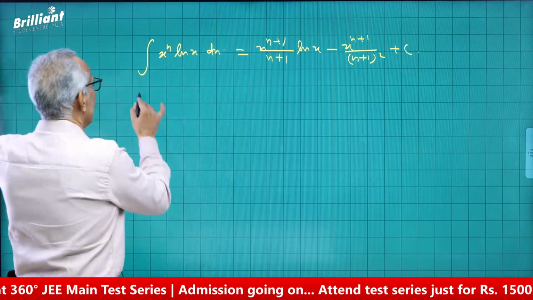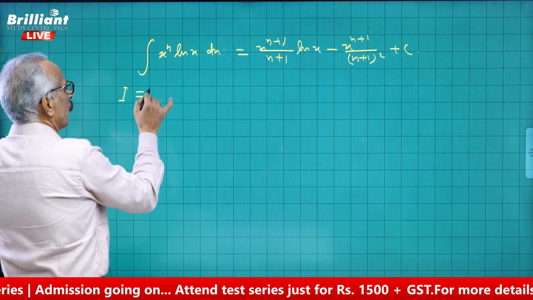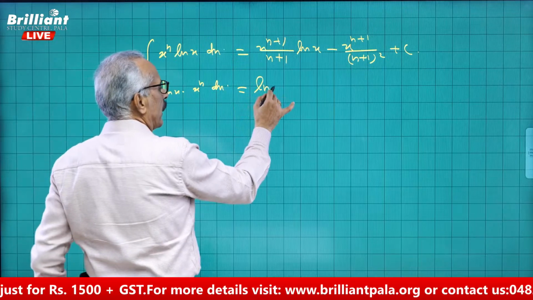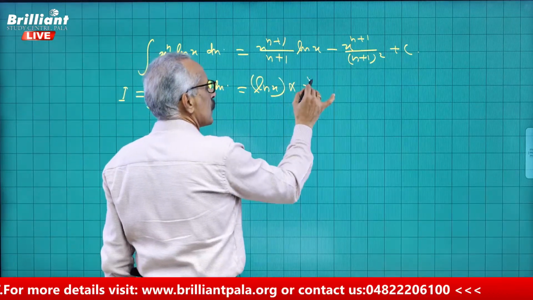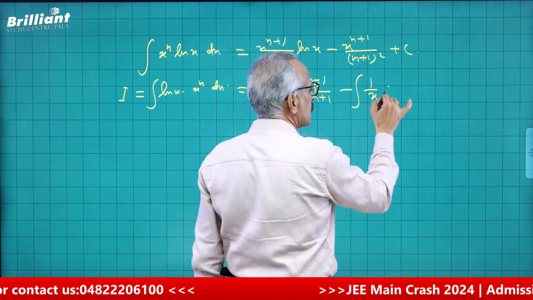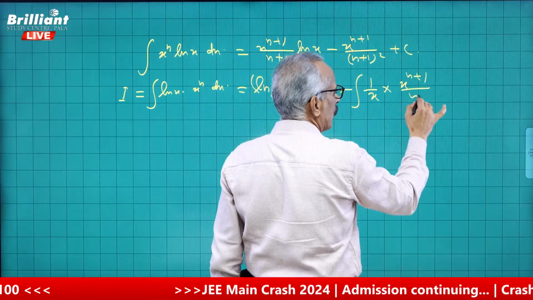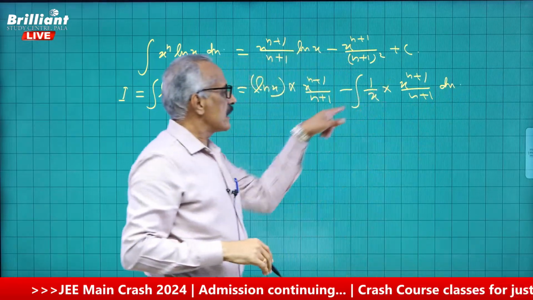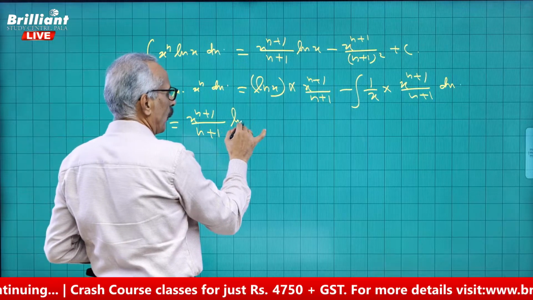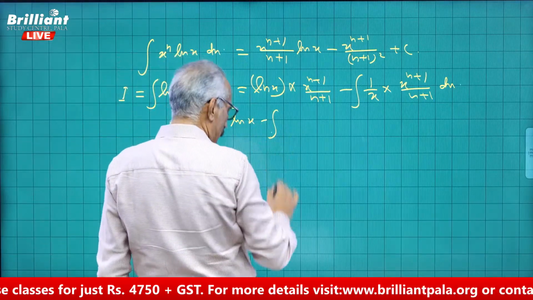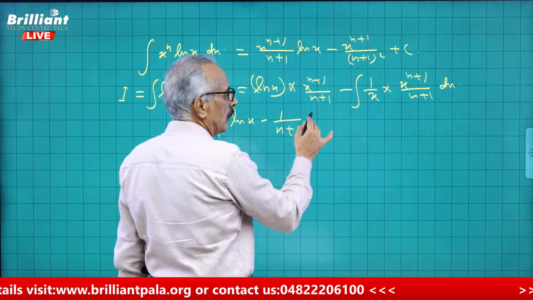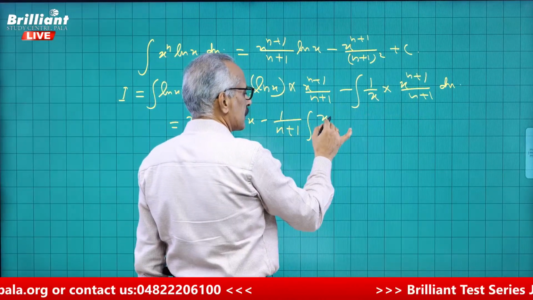I know. But still, I is equal to integral log x into x raised to n dx. First log x into integral of the second, x raised to n plus 1 by n plus 1, minus integral of derivative of the first, 1 by x, into integral of the second, x raised to n plus 1 by n plus 1, dx. The x and x cancel. You get x raised to n plus 1 divided by n plus 1 into log x minus integral, where 1 by n plus 1 is a constant, so I take it out, and x and x raised to n plus 1 cancel, leaving x raised to n dx.